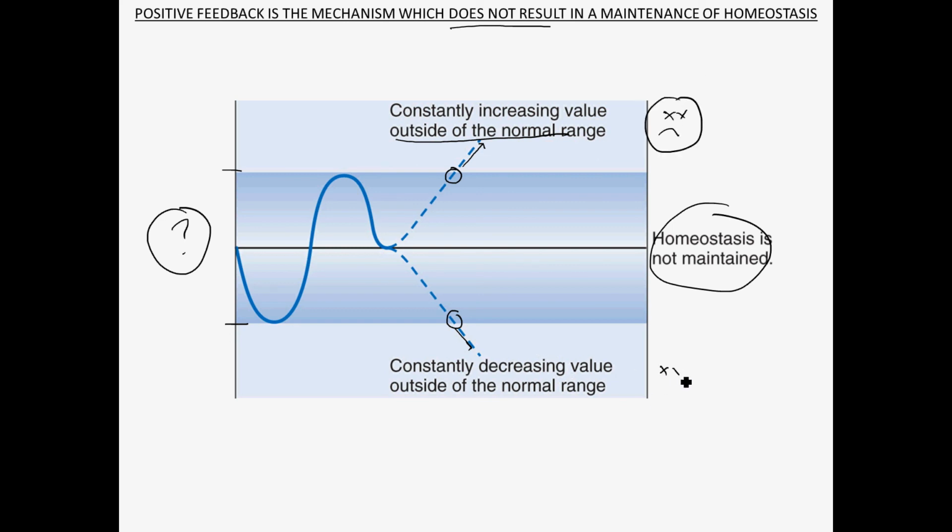If you stay down here for too long, then that will also lead to death of the organism. So ultimately, if you want to live, even if you have this positive feedback mechanism, this decreasing value right here would have to be brought back up into a normal range if you wanted to live. Okay.